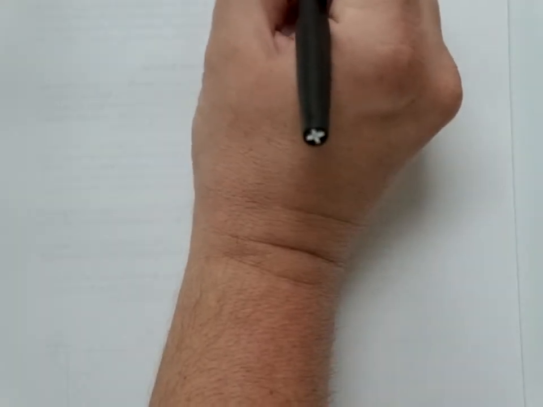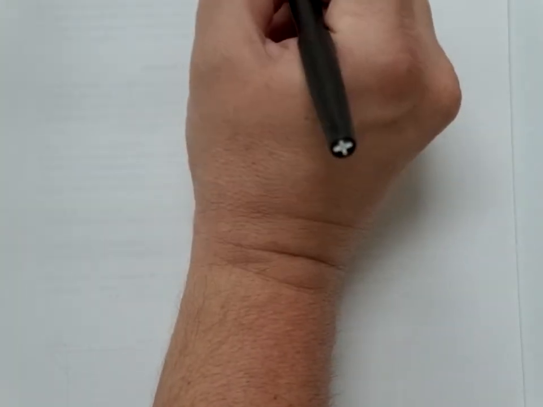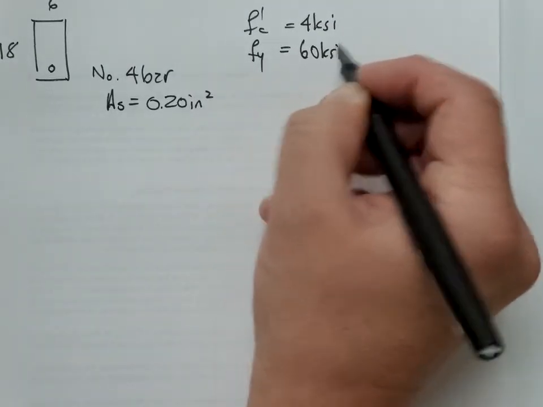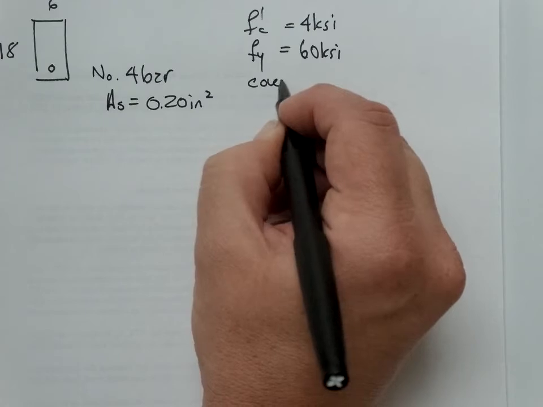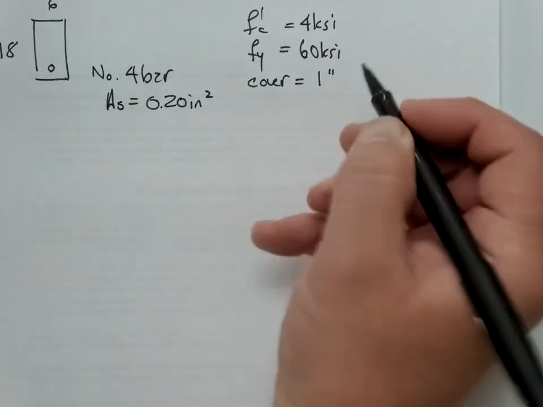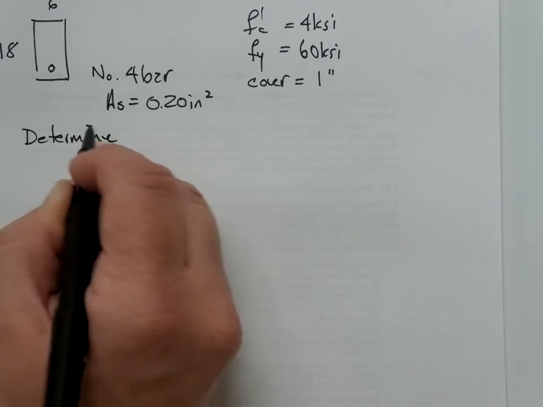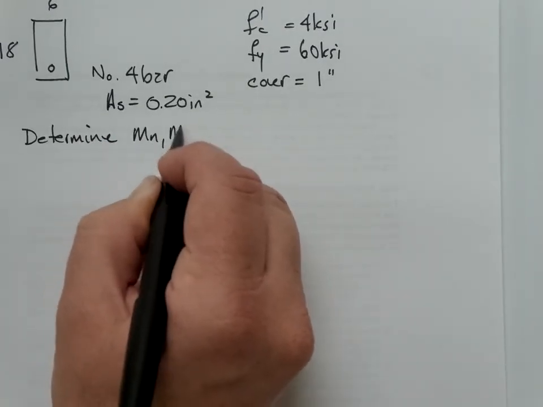The area of a number 4 bar is 0.20 inches squared. We're using 4,000 psi concrete. 60 ksi steel. And our cover is equal to 1 inch. And we want to determine M sub n and M sub u.